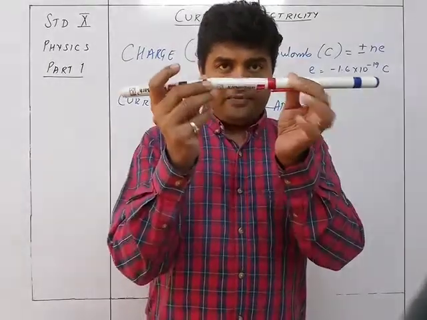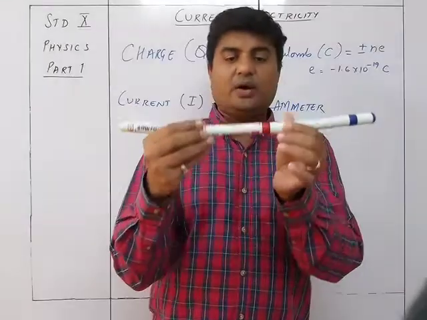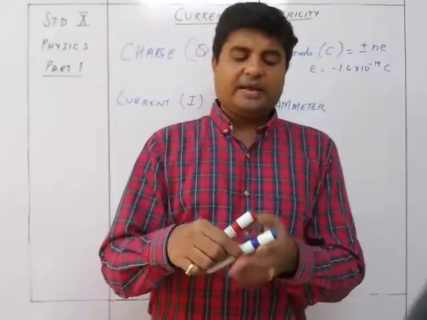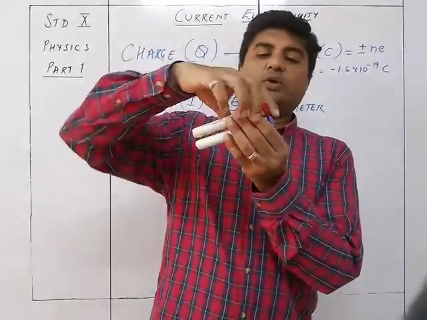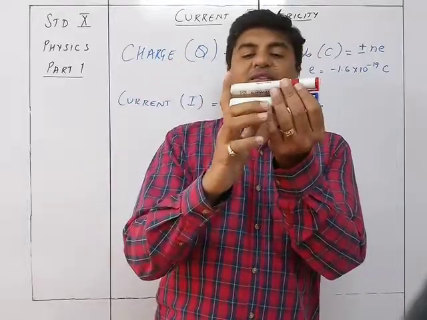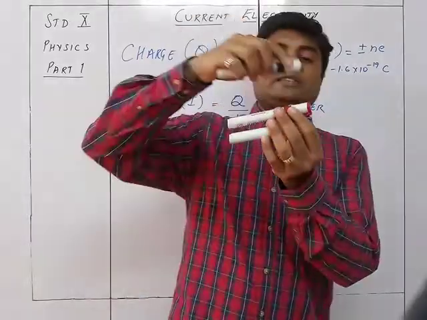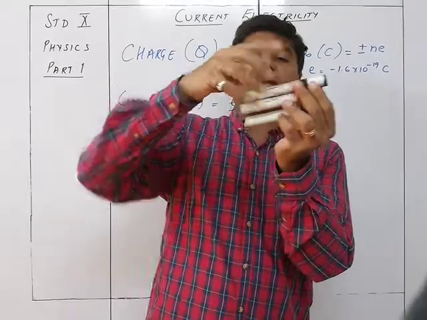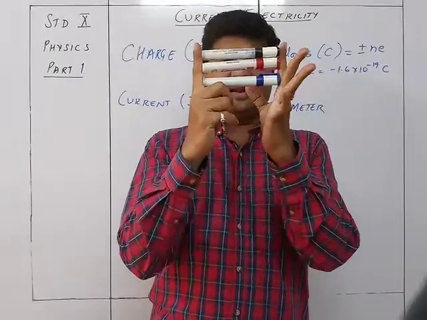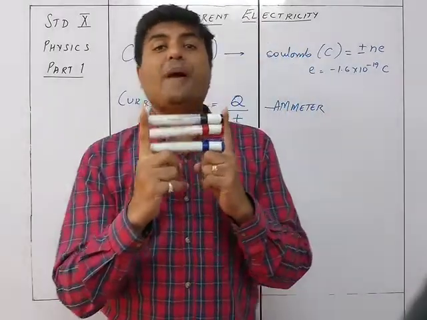Okay. If this is the condition, it is connected in series. Now, if I connect them in such a way that the starts are connected together and the ends are connected together, then they are called a parallel connection.